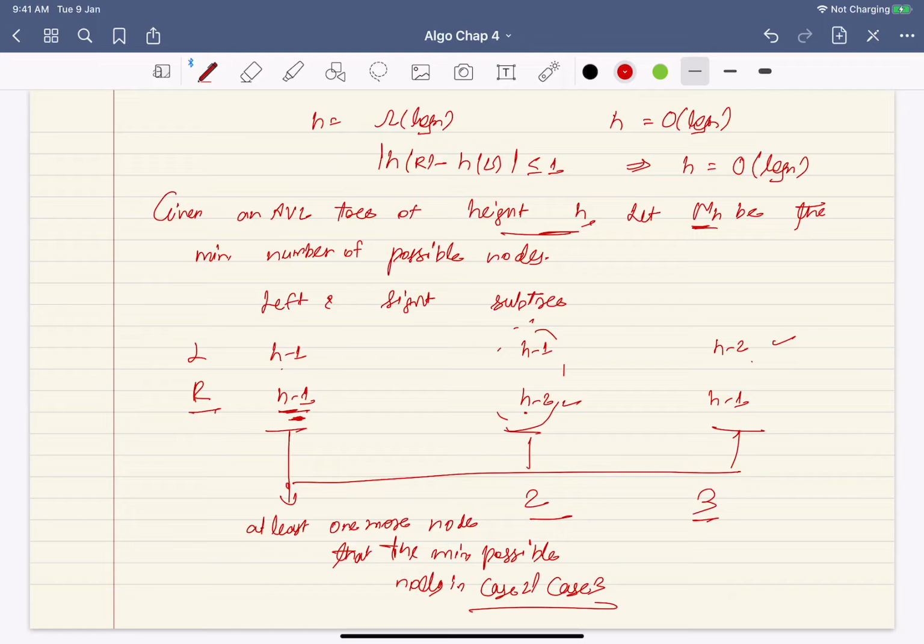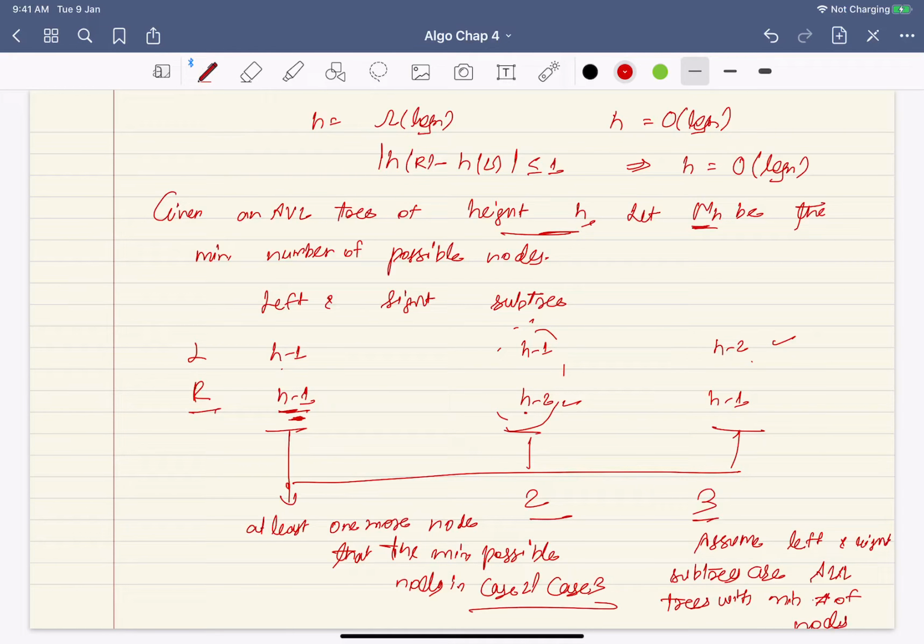And we are taking that case, where the overall tree has the minimum number of possible nodes. So then what can I say? Let's assume the left and right subtrees are AVL trees with minimum number of nodes.